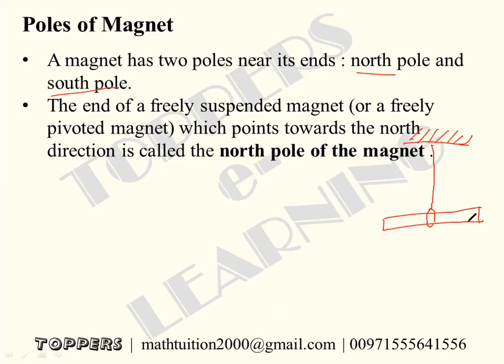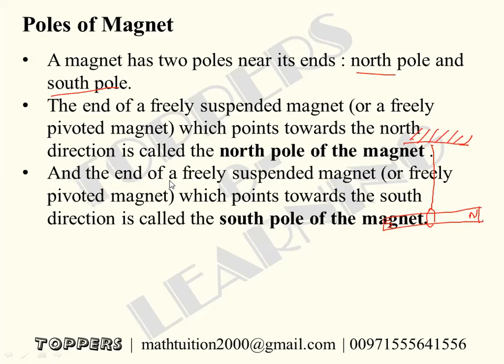Now this magnet can freely move and rotate. If this end comes to the north, then this end is the north pole, so the opposite pole will be the south pole. So always a magnet's north pole will come towards the north, and the south pole towards the south. Understood?